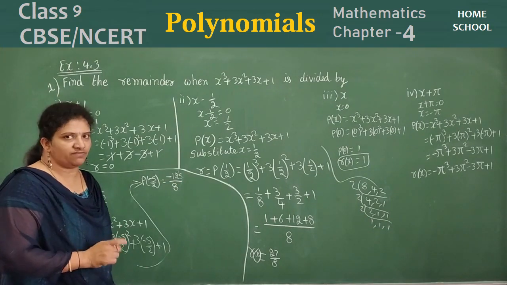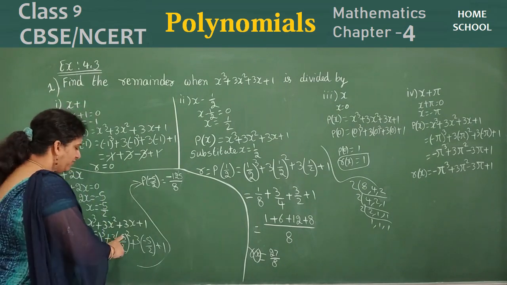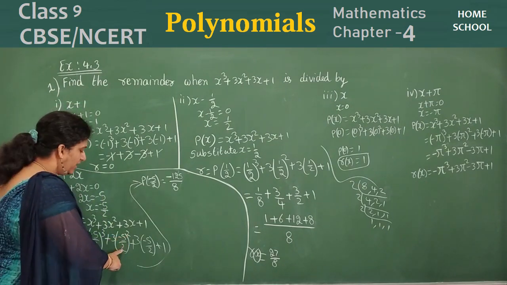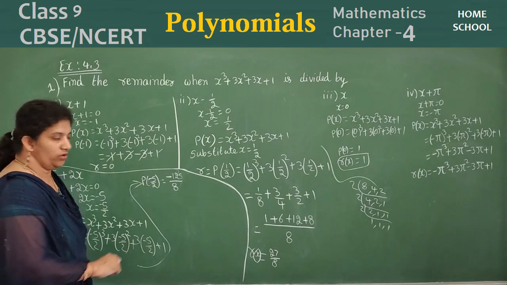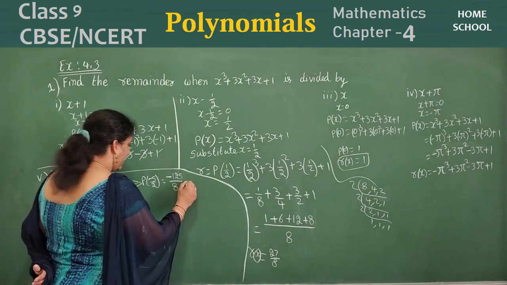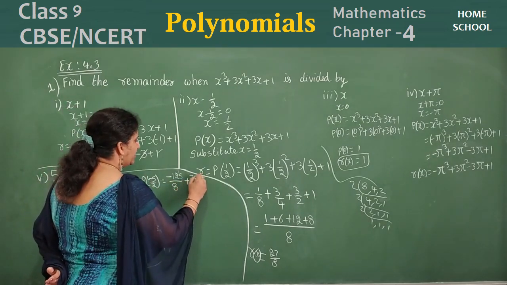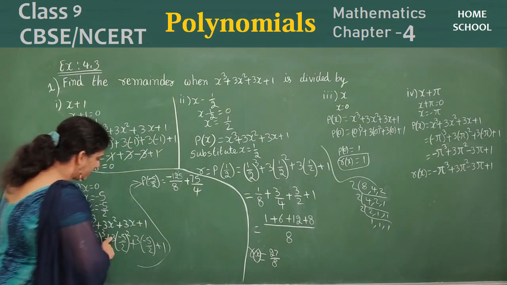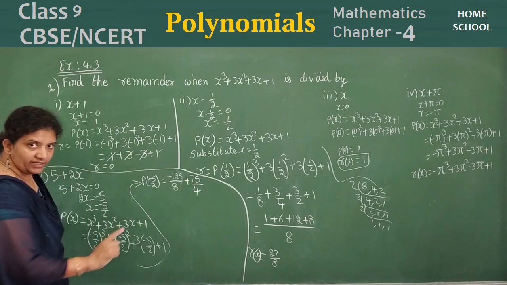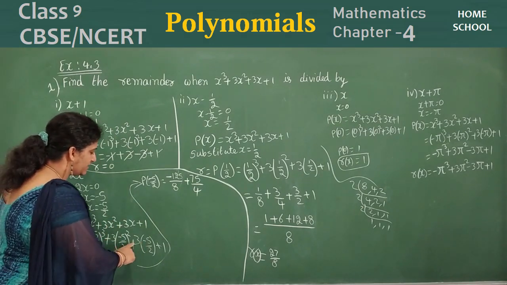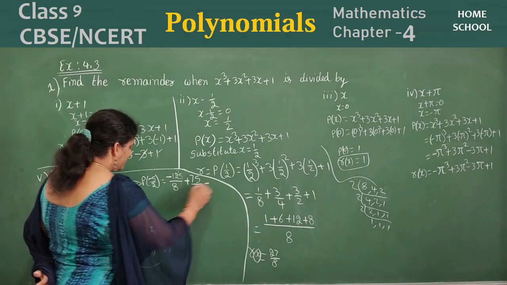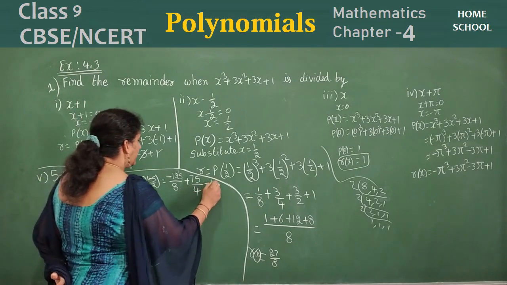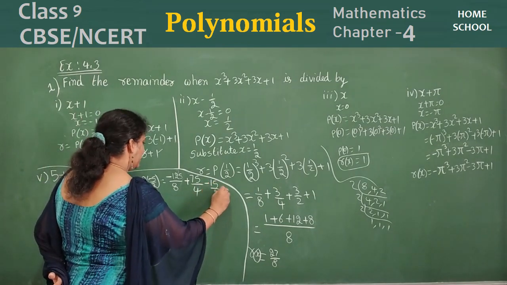Minus into minus, it will be plus. 5 5s are 25 and 2 2s are 4. 25 3s are 75 by 4. This 3 is multiplied only for the numerator, children. Then again, minus into plus will be minus. 3 5s are 15 by 2 plus 1.